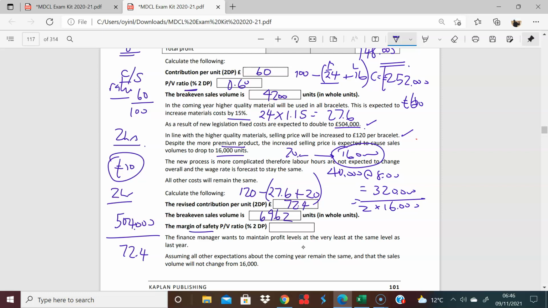So the margin of safety is, what is our budget? So my break even is 6962. I intend on selling 16,000 units. So the question is, how far would 16,000 units have to fall by to get to the break even of 6962?